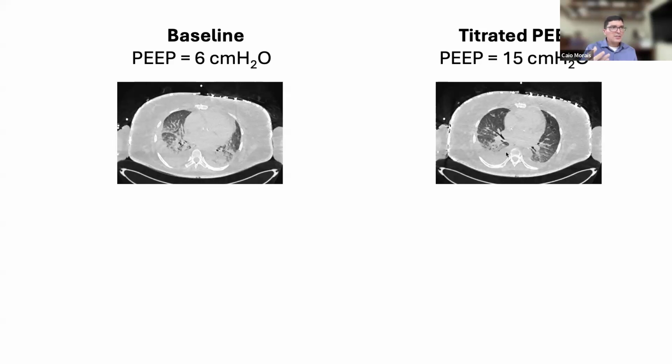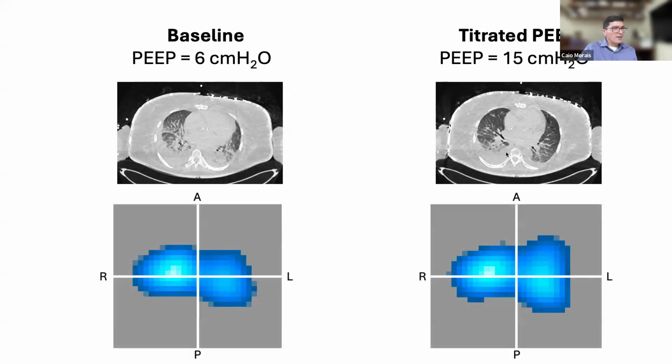This is a nice way to see the anatomical effect of the PEEP. Using EIT, we can see that at the same level of PEEP for the same patient, the posterior right is agreeing with the CT. There is no major change in the posterior right part of the lung. Only the left lung now looks bigger and more ventilated.